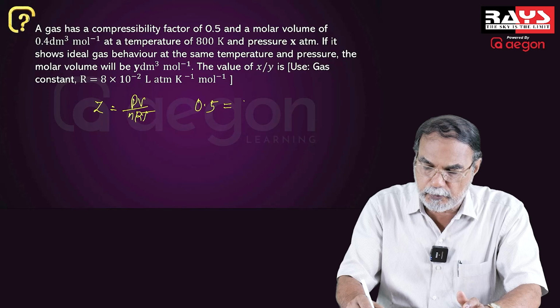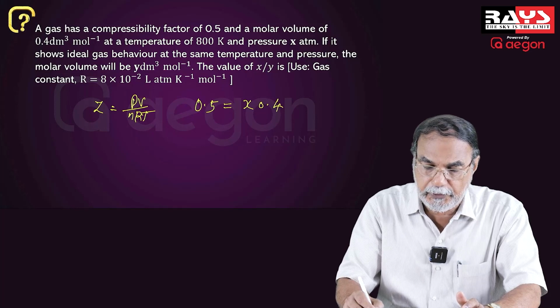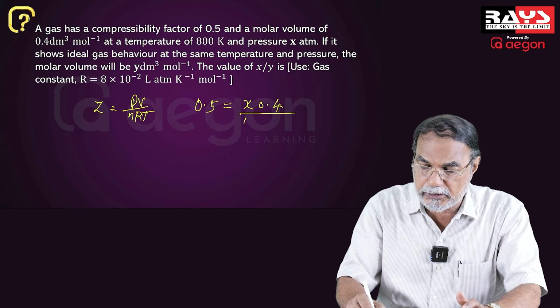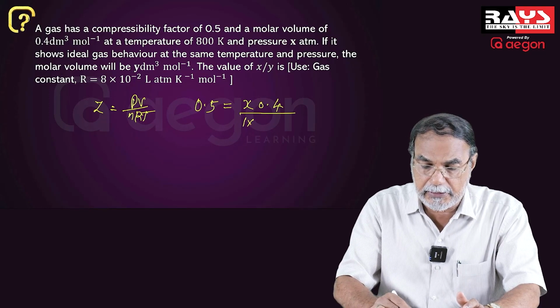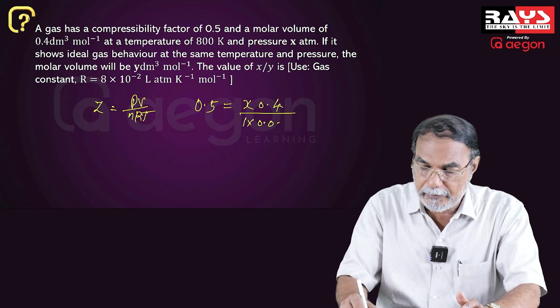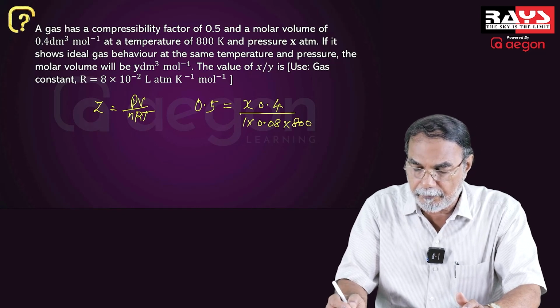So P is X atmosphere, and the volume is 0.4 dm cube, that is liter, divided by n, that is 1, into R. We are given the value of R as 8 into 10 raised to minus 2, that is 0.08, and the temperature is given as 800.